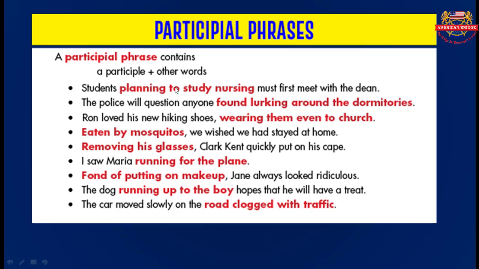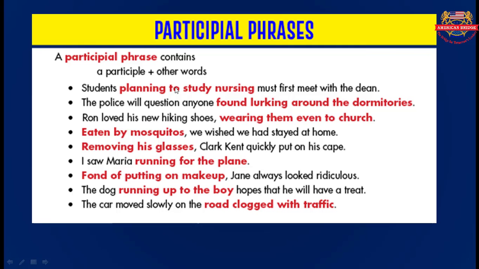And eaten by mosquitoes, we wish we had stayed at home. So this is the passive tense. But when they merge it into the participle phrase, it helps to shorten. They delete the subject. So what is the subject of eaten, everyone? We say that we wish we had stayed at home.